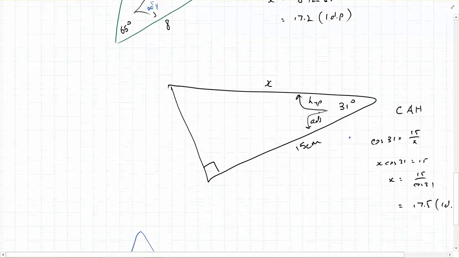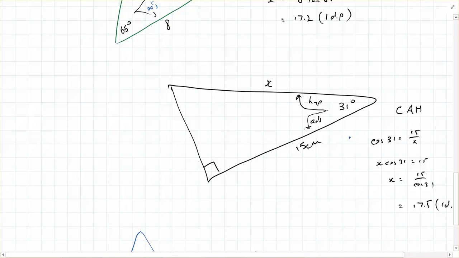Let me look at an example where x comes up underneath in a fraction. Again we firstly identify which sides we've got. This is our reference angle 31, that's our opposite side. There's nothing there, so we'll forget the opposite. There's 15 here, that's the adjacent side, and the hypotenuse, adjacent and hypotenuse, that's cos, so cos 31 equals 15 over x.